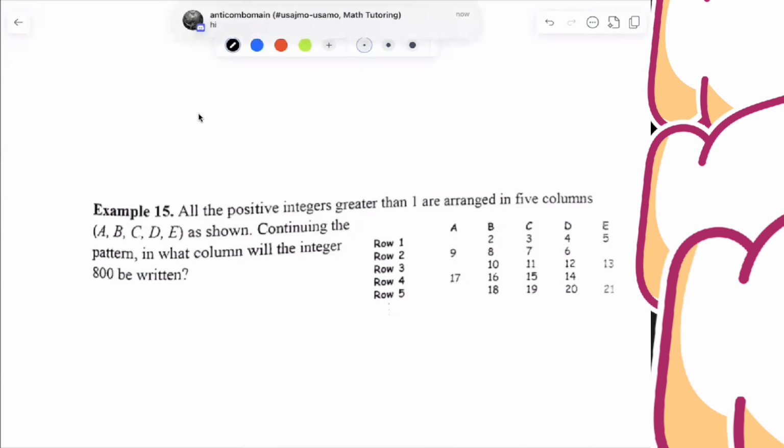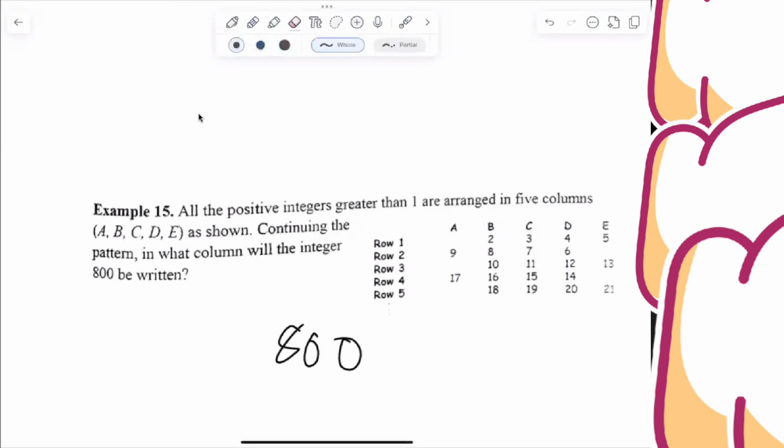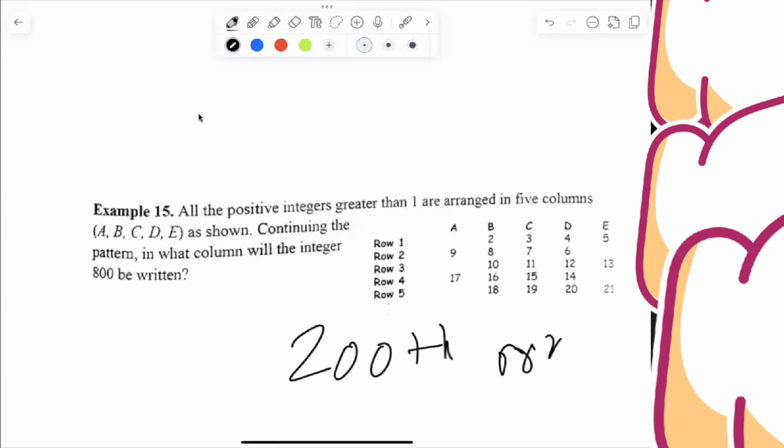From there we can see that 800 is the 400th even integer, so it's gonna be in the 200th row. The 200th row is gonna be row 5.